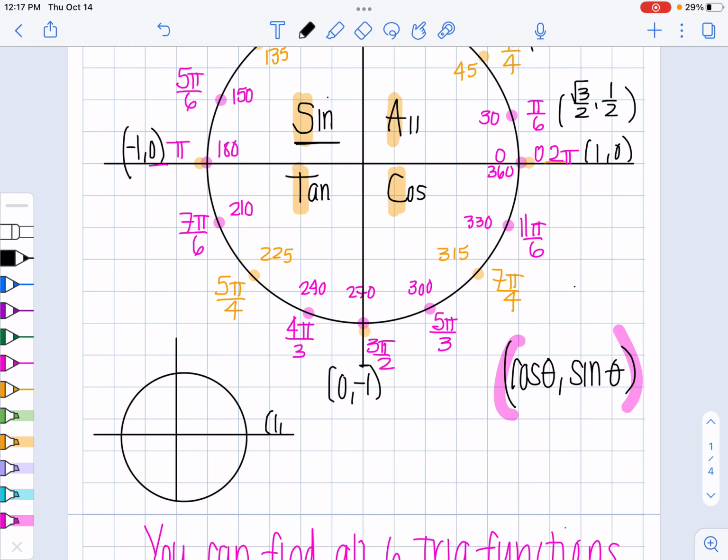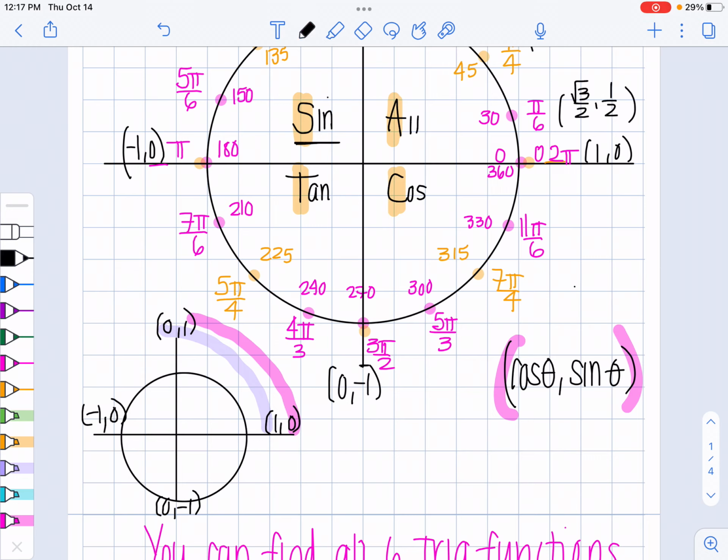So I know this is the point 1, 0, and this is the point 0, 1. I know this is negative 1, 0, and 0, negative 1. And then I count to 4. Check this out. So I start at 0. I'm going to start up here, and we're going to kind of go in a rainbow down for my x values. And then we're going to go in a rainbow up for my y values.